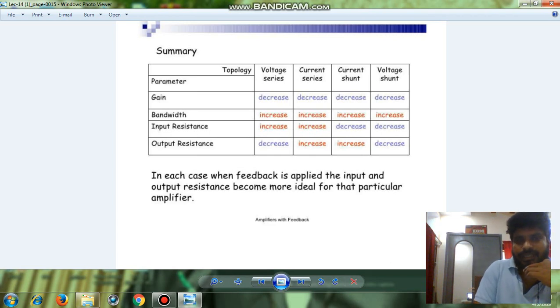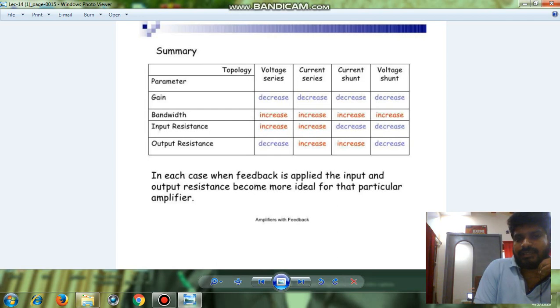Gain is decreased because the 1 plus A beta term is in the denominator. So we see that gain is decreased for all four types of topology. Bandwidth, obviously, is increased. One more point we have to remember is what happens to input resistance and output resistance. Series is nothing but cascading, which results in an increased resistance value.